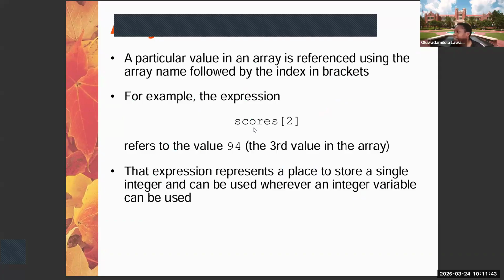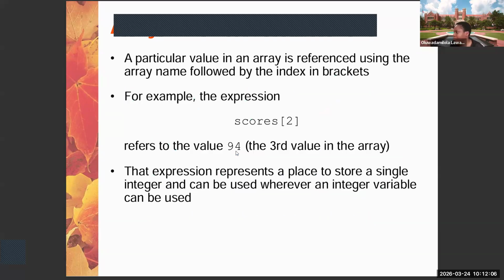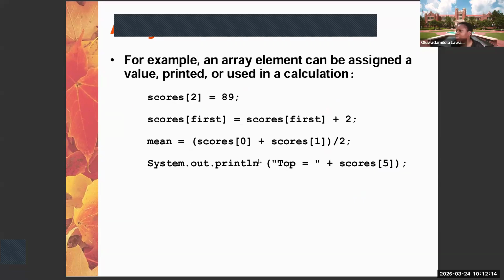So here I'm saying I want to go to index 2. Don't forget, index 2 is 94, because the computer starts its index from 0. That is the position of this value in the array list. Any question on this? This is just a simple example of an array element.